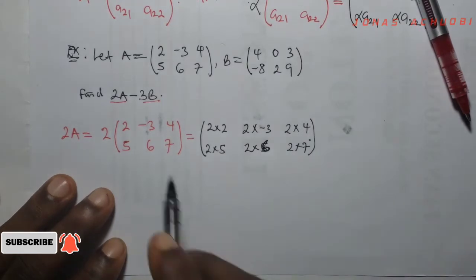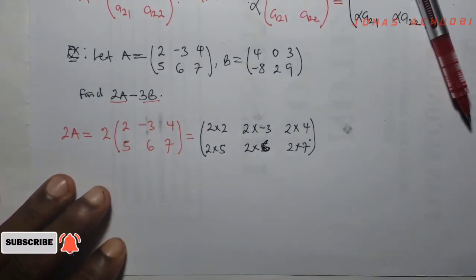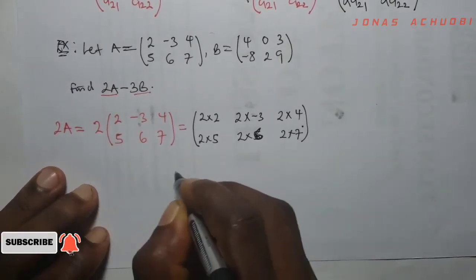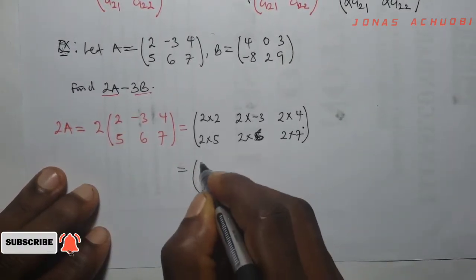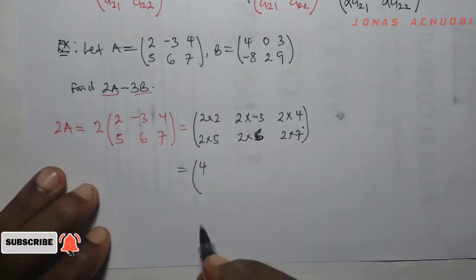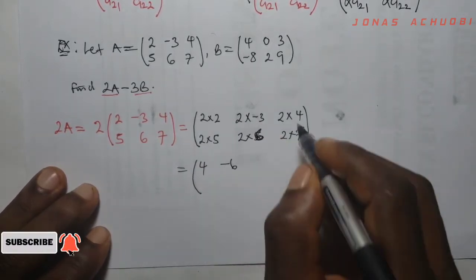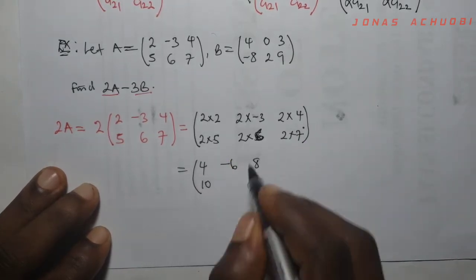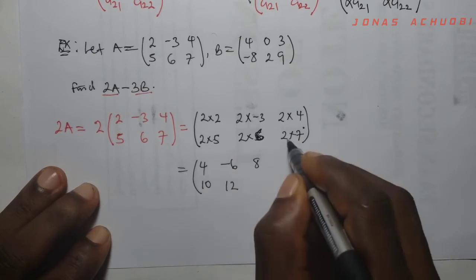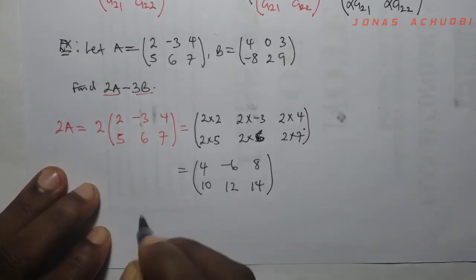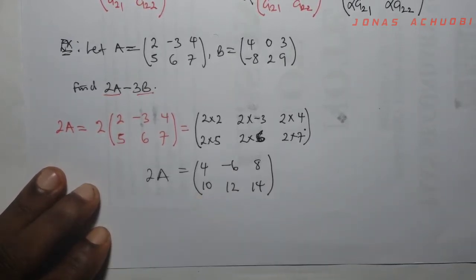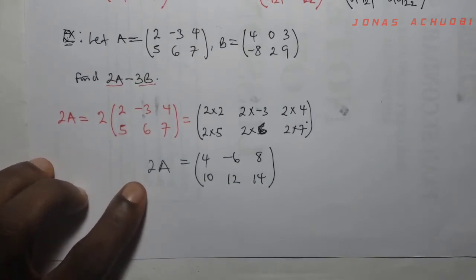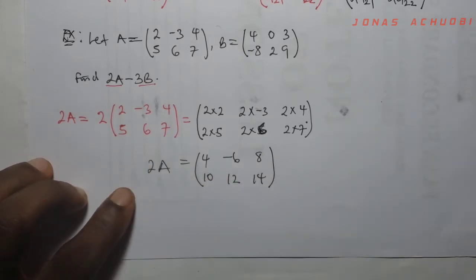That's what we mean by multiplying the matrix A by the scalar 2. So if we do this, we get 2 times 2 is 4, 2 times negative 3 is minus 6, 2 times 4 is 8, 2 times 5 is 10, 2 times 6 is 12, 2 times 7 is 14, and that is 2A. So I've multiplied the matrix A by the scalar 2, hence multiplication of a matrix by a scalar.